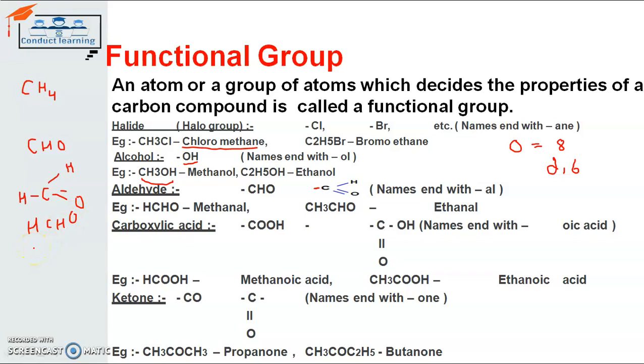Let's see. Ethanol has 2 carbon atoms, and the chemical formula is C2H6. But the aldehyde group already has one carbon atom, so we need only one carbon atom more. Already there is one carbon atom, one hydrogen atom and one oxygen atom.